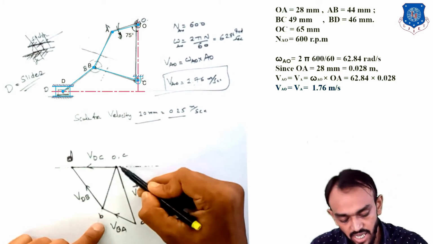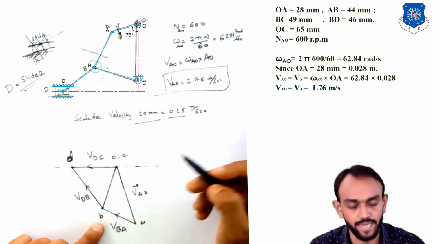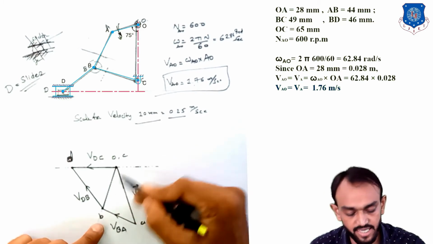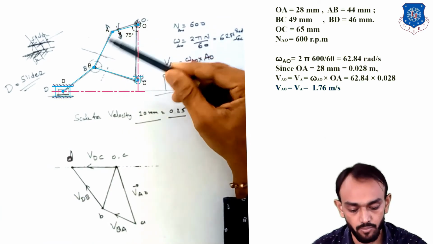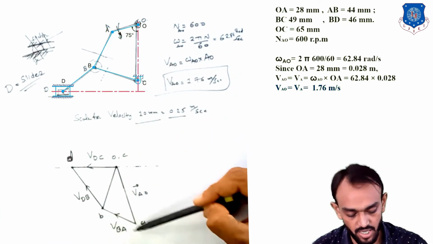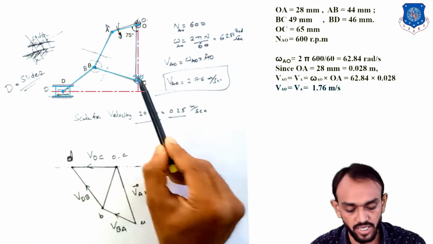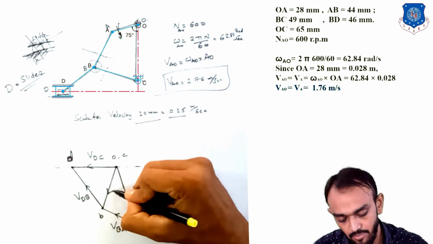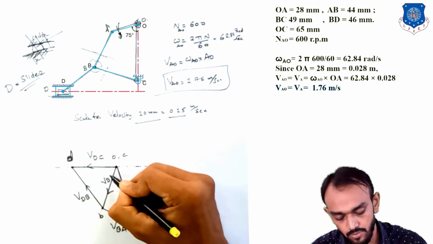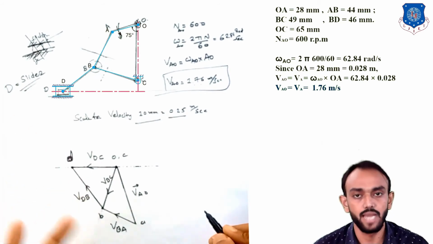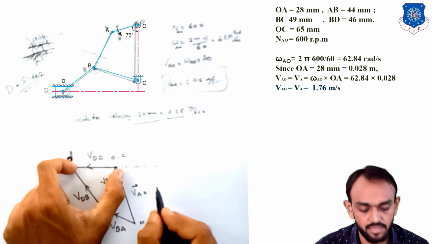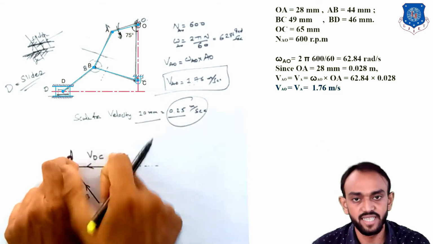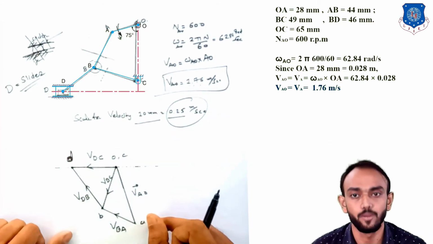You can see this OB line. What is it indicating, because B is here, B with respect to A. You can check BA. B with respect to C, so this line will be the velocity of B with respect to C. Whatever velocity you want to find, just measure this distance and using this scale you will find the velocity.